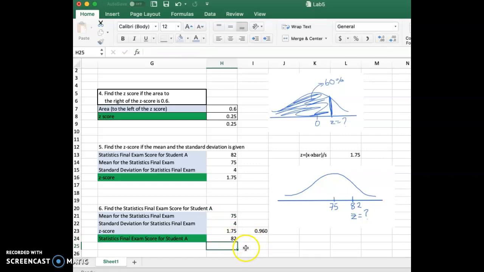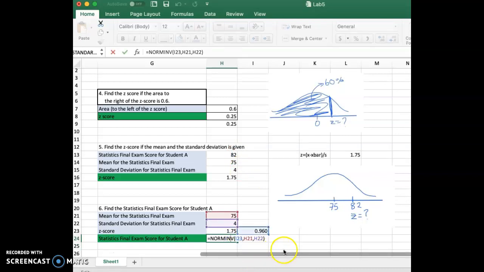When you hit enter, we use these values in order to find the student's score. So again, if you want to go over NORM.INV, probability, which means the area to the left of the z-score 1.75, comma, mean, comma, the standard deviation for the final exam.